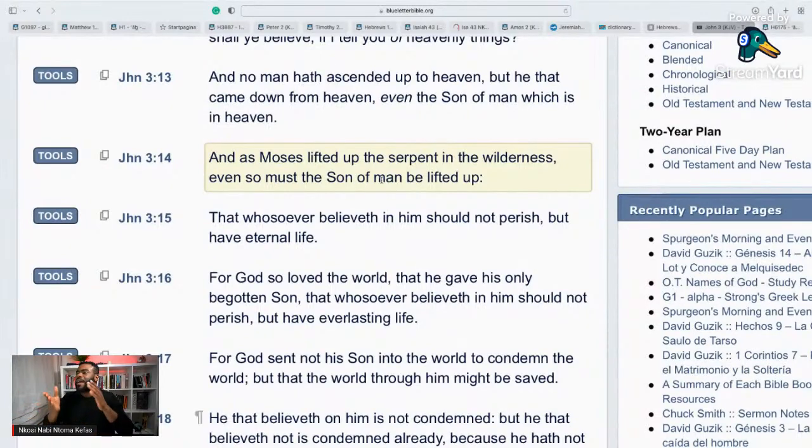He said, as Moses lifted up the serpent in the wilderness, even so must the Son of Man be lifted up.